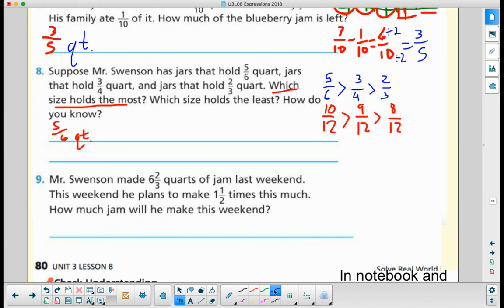Now, which size holds the least would be 8 twelfths, which would be 2/3 quarts.